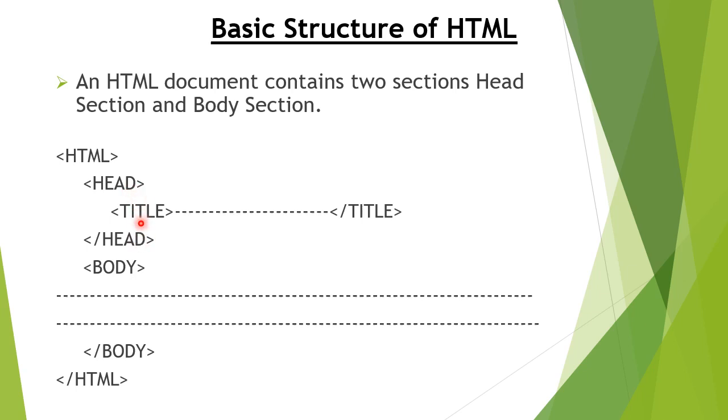Within the head tag, we give the title tag, then body tag starts. After the content, body tag close, and then at the last, HTML close. And HTML is not case sensitive. You can write in lowercase or in uppercase. Fine.